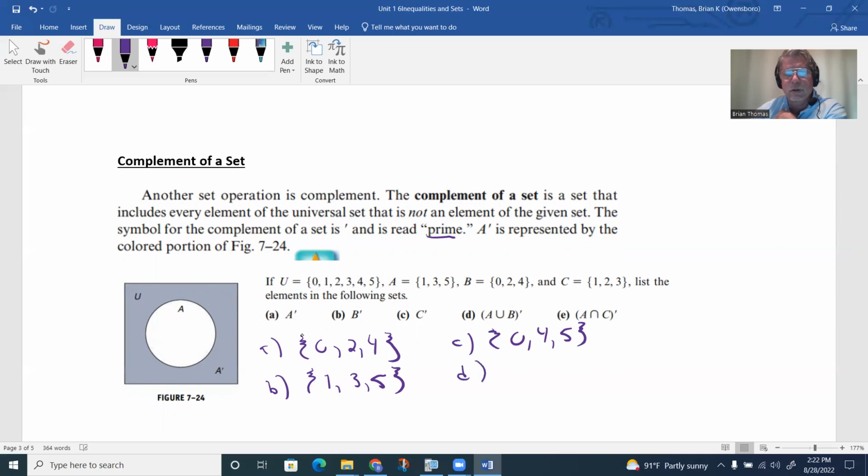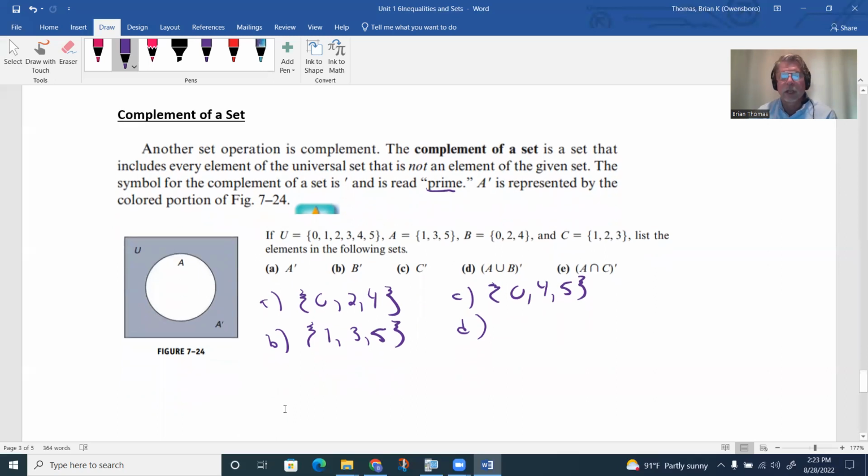So D stands for A union B. So A union B stands for all the elements that are in A and B. So let's see if we can piece this together. A union B is like, we have the set of 0, 1, 2, 3, 4, and 5.